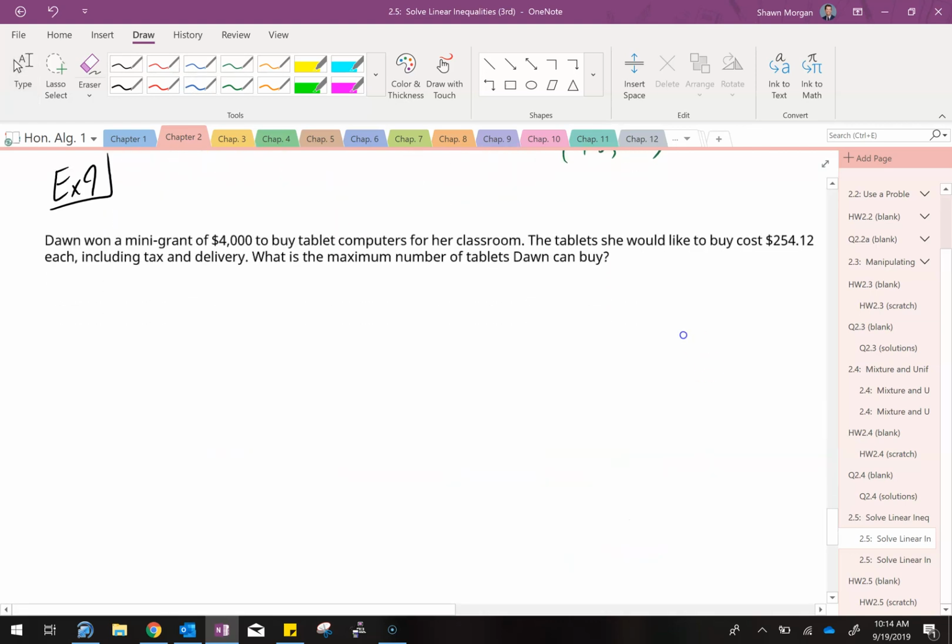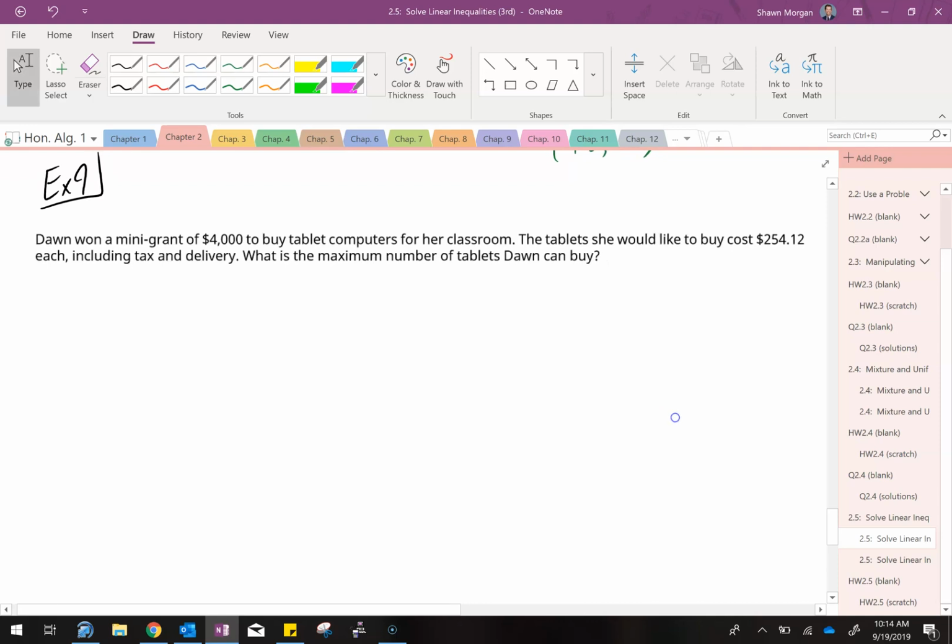All right, so let's look at this application together. It says Dawn won a grant, $4,000 to buy some stuff for her classroom. She wants to buy tablets that cost out the door $254.12. Out the door just means considering all the extra stuff. Like this might be marketed as a $200 laptop, but you're not just going to walk out the door having paid $200.